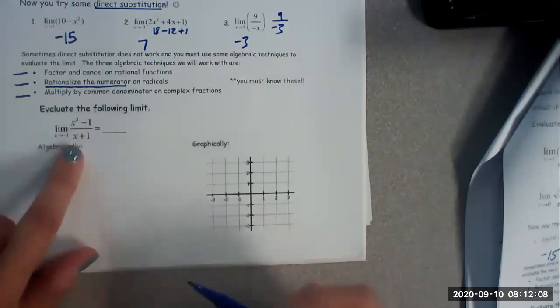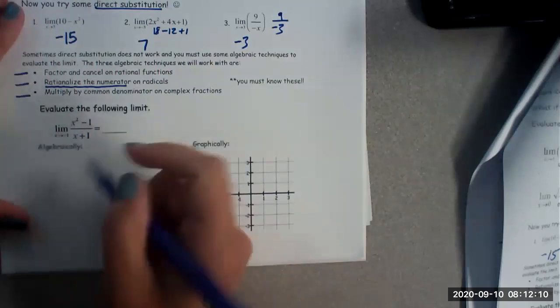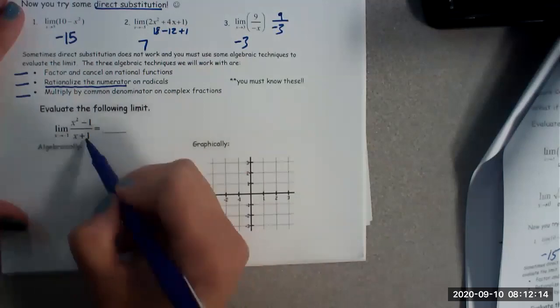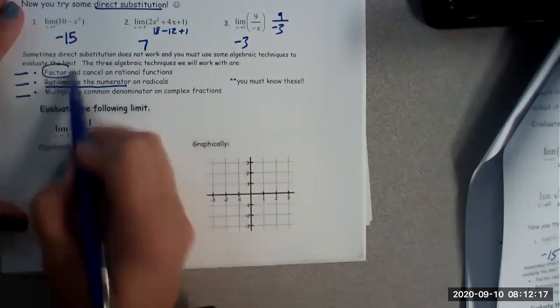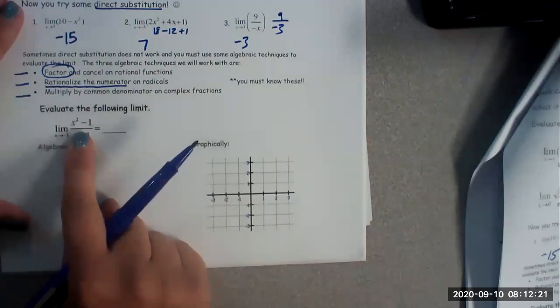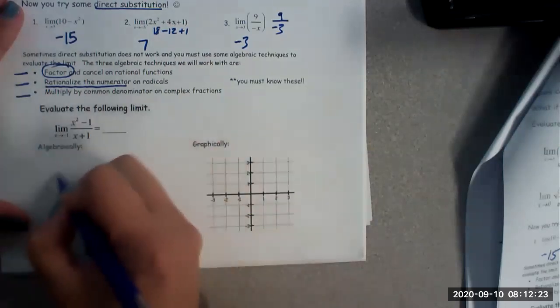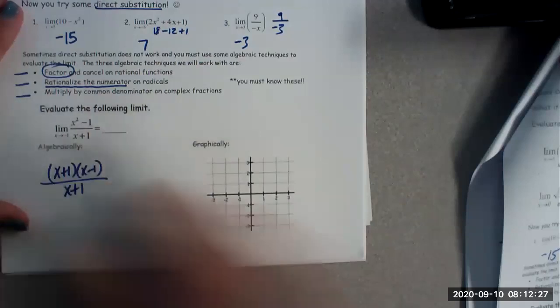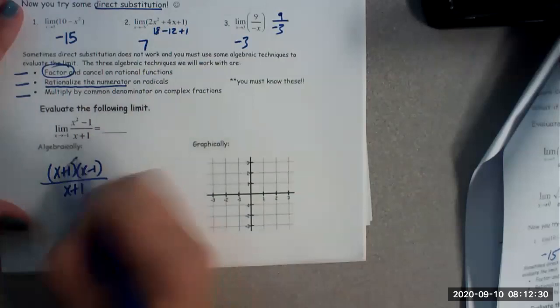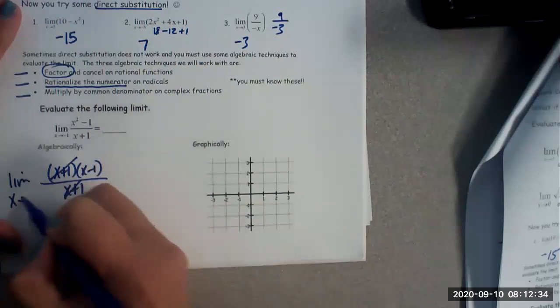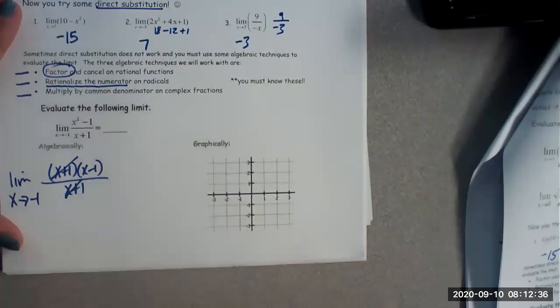So what you can try to do is factor. So the first thing you try, whenever you have a fraction and you get 0 on the bottom, the first thing you try to do is see if it'll factor. See how the top is x squared minus 1? That factors, right? So we're going to change this to x plus 1, x minus 1 over x plus 1. So what happens? You see how the numerator and denominator, one of them cancels out?